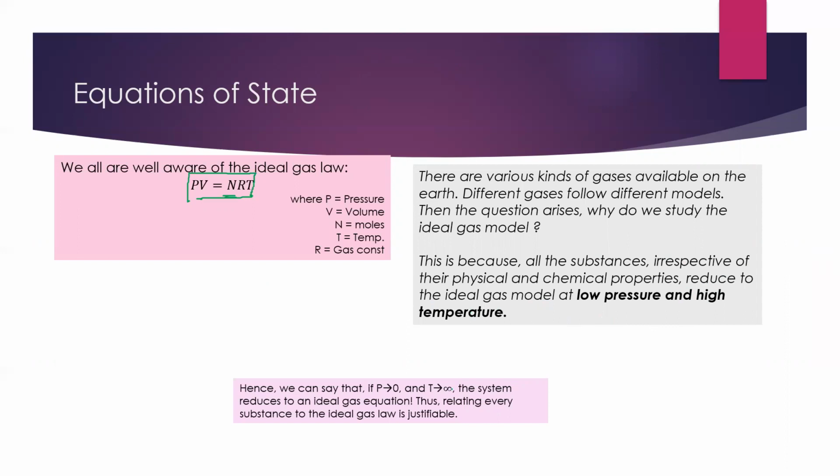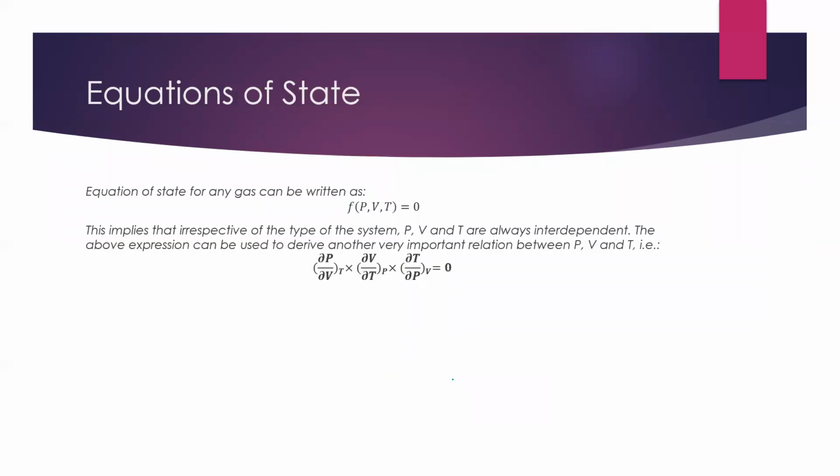So if P tends to 0, that is very low pressure, and T tends to infinity, very high temperature, the system will reduce to the ideal gas equation. Thus, relating every substance to the ideal gas law is very much justifiable. So the ideal gas law is definitely very important. But we also need to study real gas systems in order to deal with moderate temperature and pressure conditions.